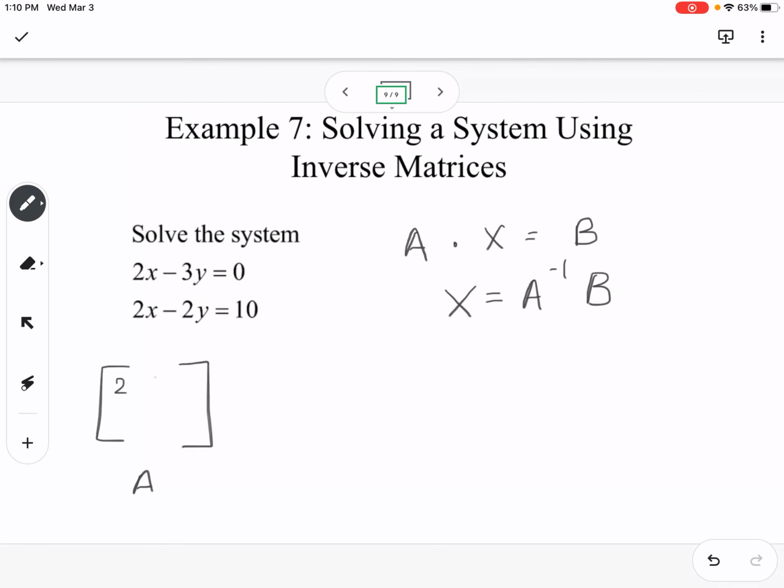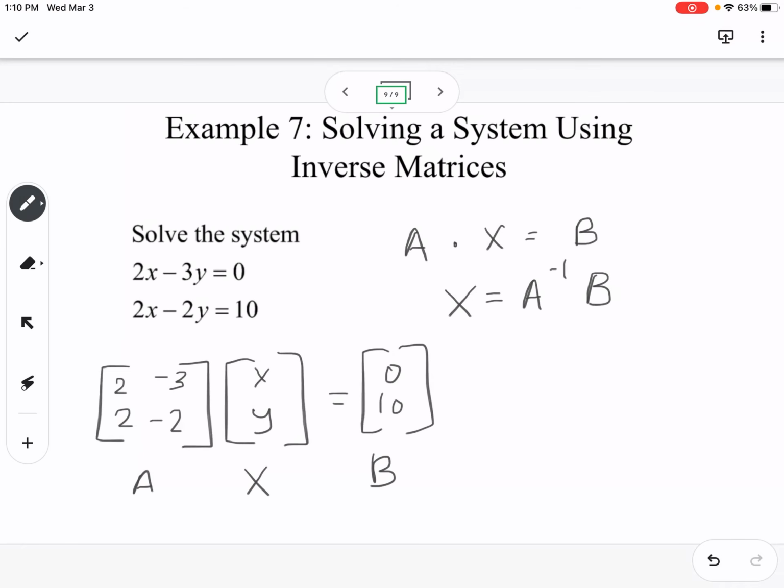So it's 2, -3, 2, -2. Then I'm going to make a matrix X that is my variables, X and Y, and that is equal to matrix B, which is 0, 10. So I'm going to take the inverse of matrix A times matrix B, and that's going to give me X.